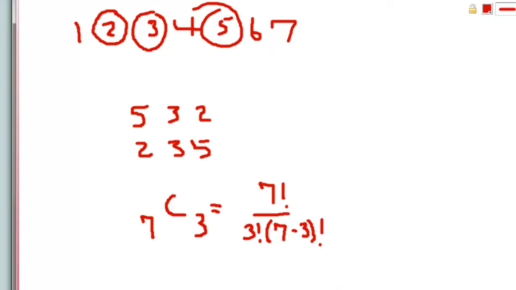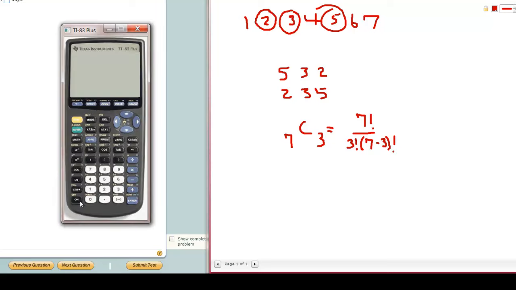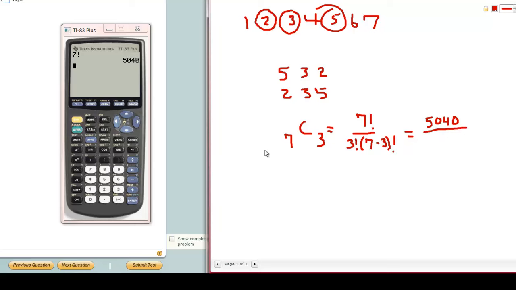Let's take the calculator out here and see what 7 factorial is. 7 factorial is going to be 5,040, all over. Well, 3 factorial is easy. That's just 3 times 2 times 1, which is 6. But we'll show you here too, just in case.